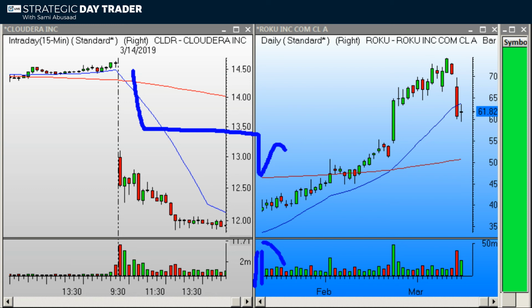If I see that the stock broke down on huge volume, on pro igniting volume, I'm going to be a lot more likely to take this sell setup short than if I didn't see any volume at all. So pro volume is very helpful in analyzing when you get a secondary play, a secondary setup.